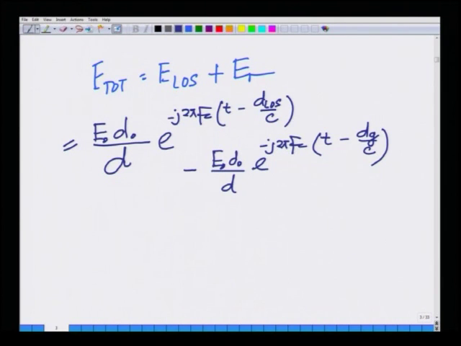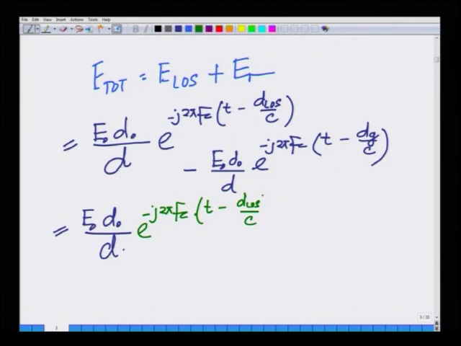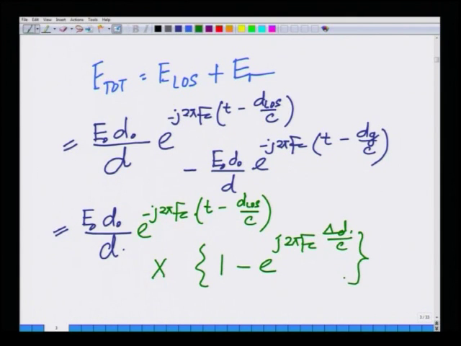That is, remember, this first term is E t naught, second term is E r, and the minus arises because of the phase inversion at the ground reflection, and this is nothing but E naught D naught by D into e power minus j 2 pi f c t minus d LOS by C, times 1 minus e power j 2 pi f c delta d over C. All right, we are isolating this term E naught D naught by D into this phase term times 1 minus e power j 2 pi f c delta d over C, where this delta d is an important factor.